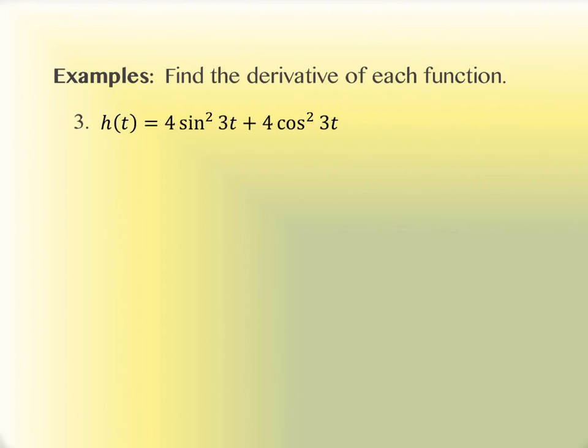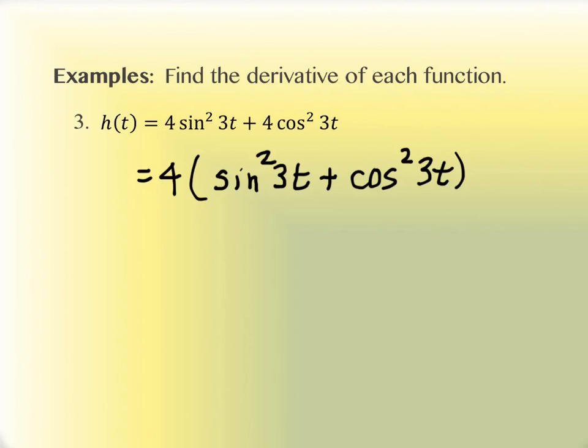There's a sine squared plus a cosine squared property here, right? So let me first take out the 4 that we see in front of both of them. And then recognize I have sine squared of 3t and I have cosine squared of 3t. The angles match. If they didn't, we wouldn't even be able to be talking about this in this way. But because the angles match, that matches one of your trig properties.